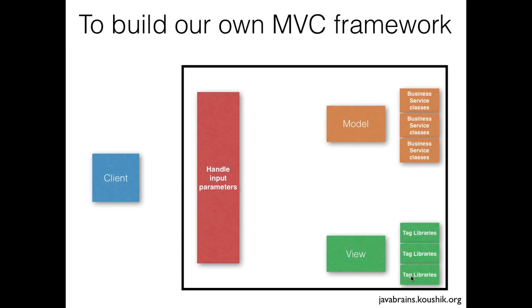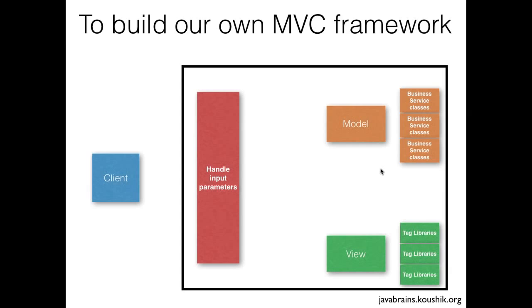So these tag libraries would be something that I would want to isolate out and use, because I'm developing 100 MVC web applications. I would not want to have a lot of HTML code inside each of them. If I know that there are some standard libraries that would be helpful for any web application, I would want to isolate them out. So this would be the next module in my MVC framework.